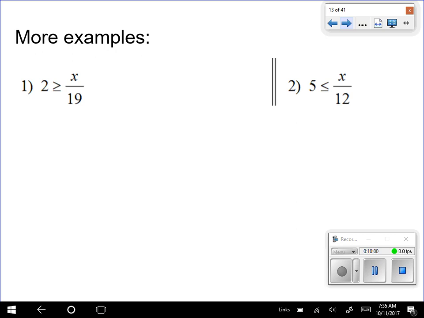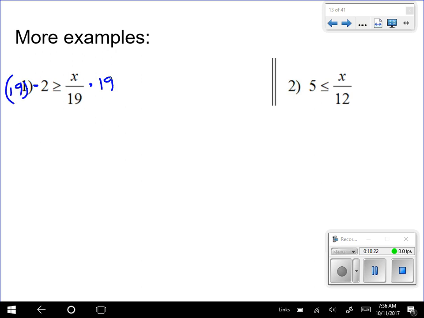Okay, let's do one more example together. And I'm going to change this problem a little bit. This is going to be negative 2 is greater than or equal to x over 19. Okay, so I'm going to multiply by 19 on both sides. Now, did I multiply by a negative number here?